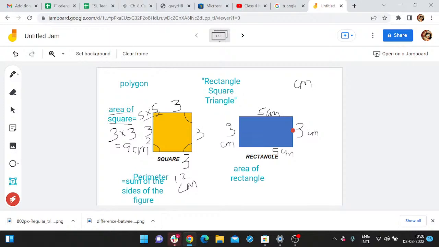So instead of doing side times side, which we did in the square, we're going to do length times breadth over here, because there are two different lengths which we can clearly find in a rectangle. So आप length को लोगे, which is clearly 5. This is the length. And आप इसको multiply कर दोगे breadth से और width से.